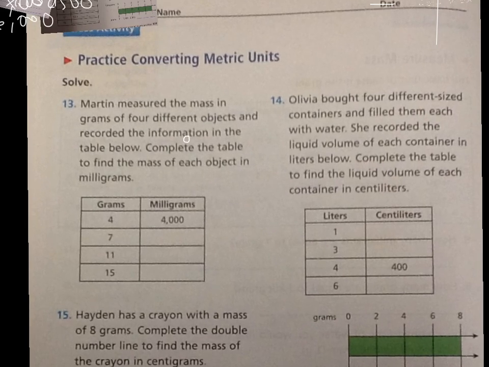So, we're going to practice converting metric units. Pretty simple. 13 says Martin measured the mass in grams of 4 different objects and recorded the information in the table below. Complete the table to find out the mass of each object. All right, gram. Well, there are 1,000 milligrams equal 1 gram.